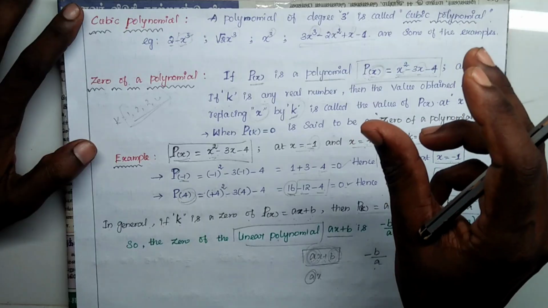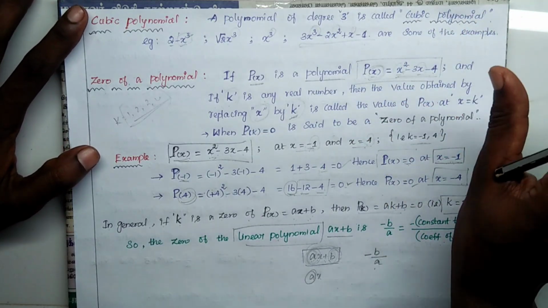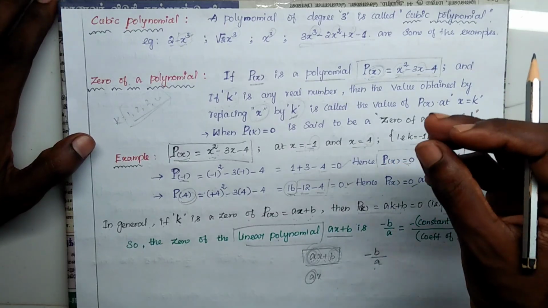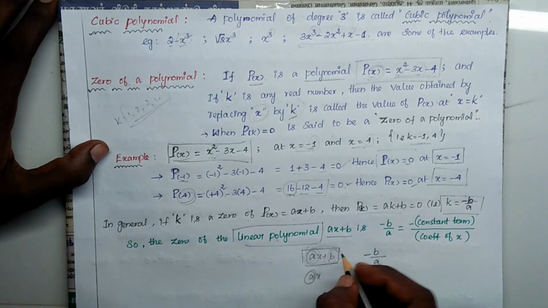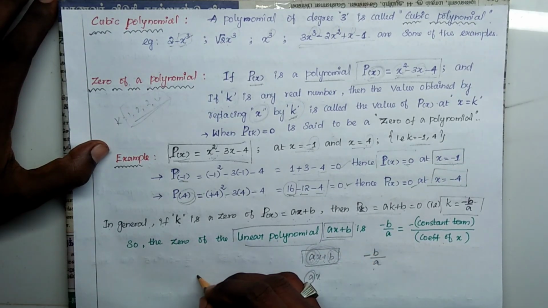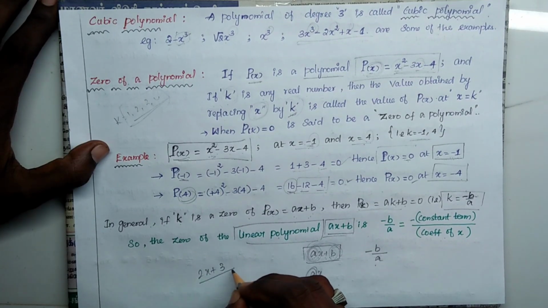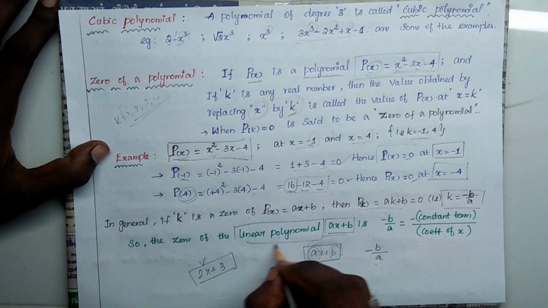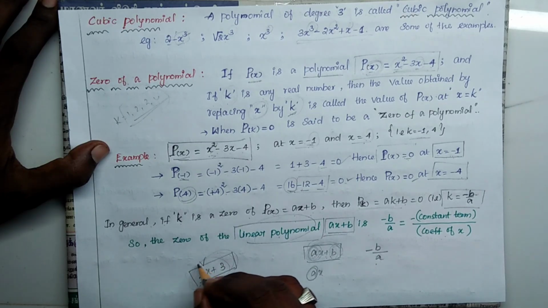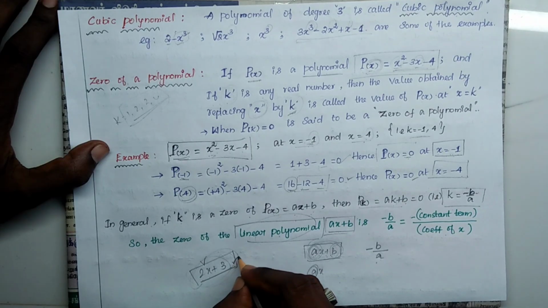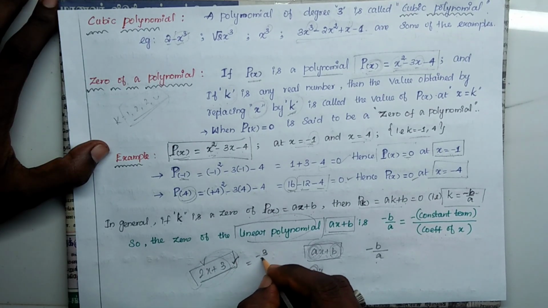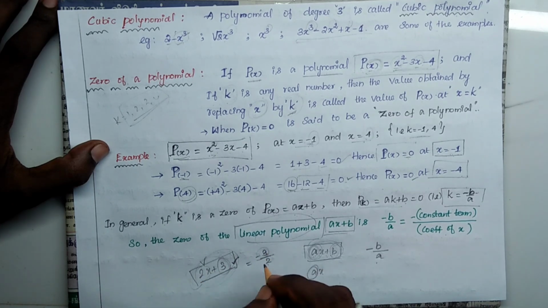So if a linear polynomial equation is given and we have to find the zero of that particular equation, we will directly say, suppose the equation is 2x plus 3, this is a linear polynomial equation. In that condition, the zero of this particular equation is minus 3 by 2. That is, minus the constant term divided by the coefficient of x.